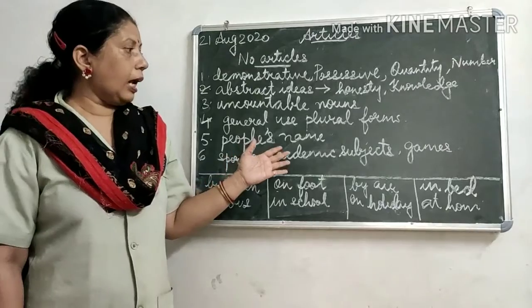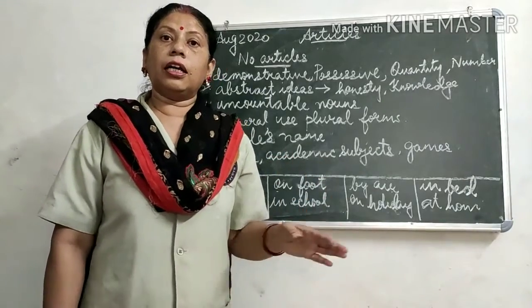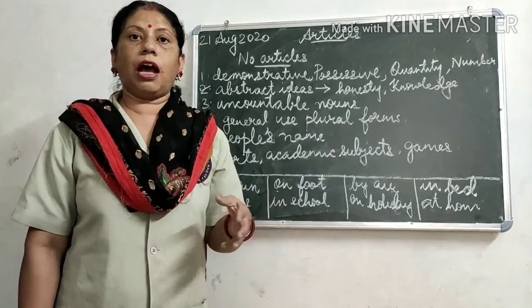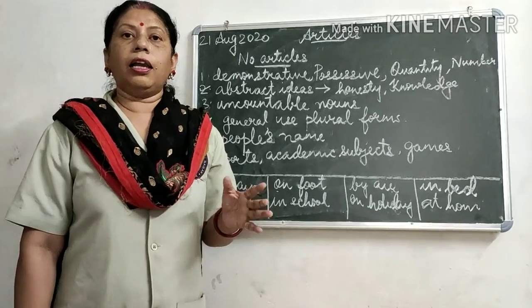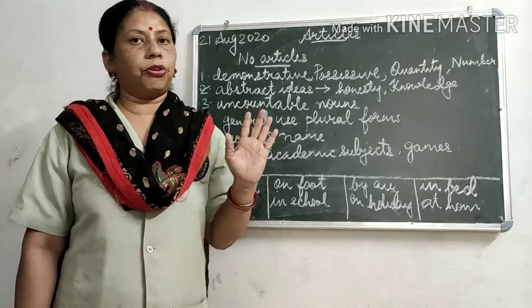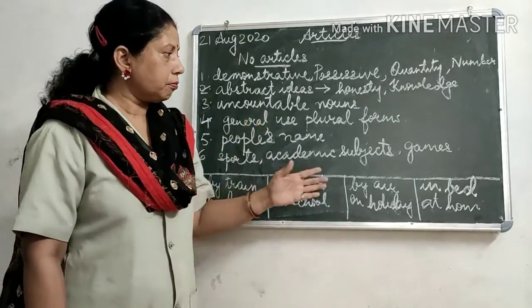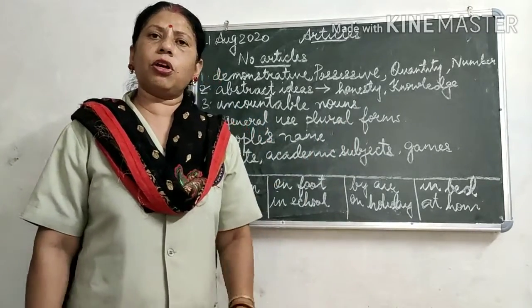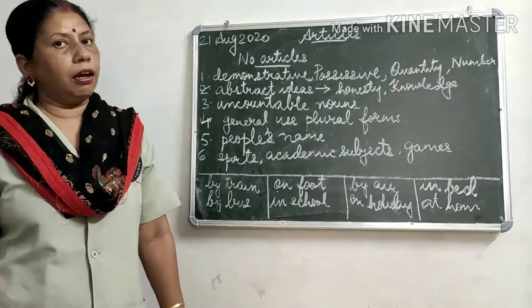Then before any academic subjects like the English, the physics, I won't be using it. I like English subject. Okay, so before that I am not going to use any article. Then before any games also, I am not supposed to use any article.